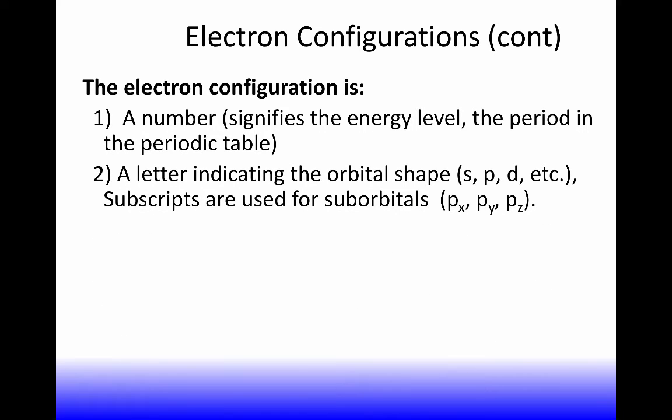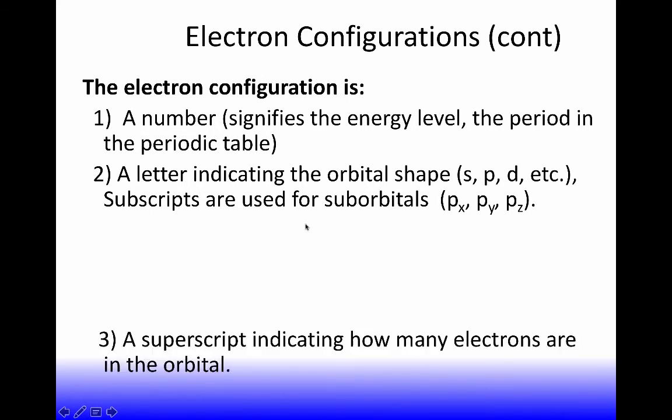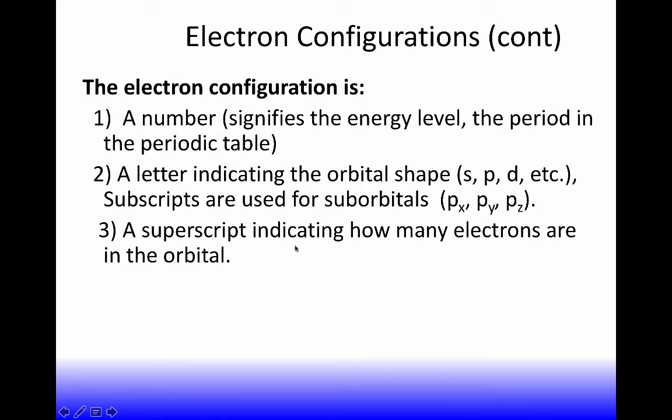The second thing you'll see is a letter indicating the orbital shape, whether it's S, P, or D. Subscripts are used for suborbitals X, Y, and Z, but when we're actually writing a full electron configuration, we usually just write S, P, D, and F. And as you'll see, what we use are superscripts to indicate the number of electrons in the entire orbital, as opposed to breaking it down into X, Y, and Z for P, or 5 different shapes for D, or 7 different shapes for F.